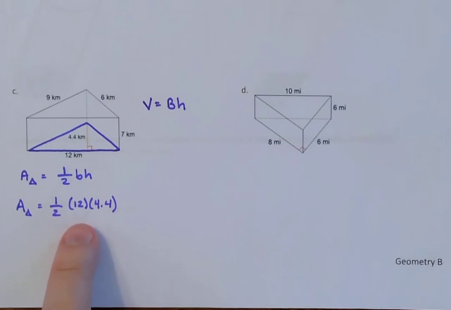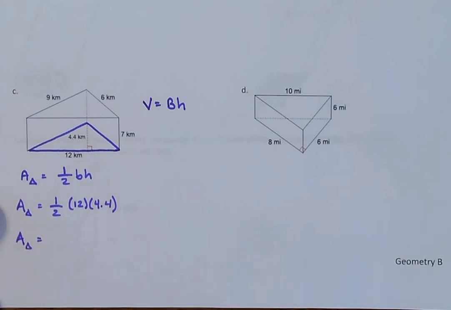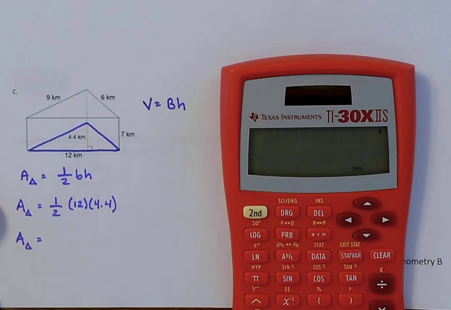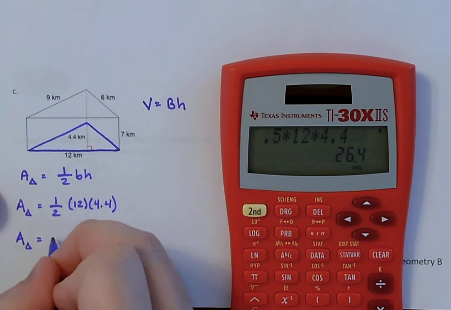So we're going to multiply all this together to figure out the area of our triangle. If we do 1/2 times 12 times 4.4, we end up with 26.4.